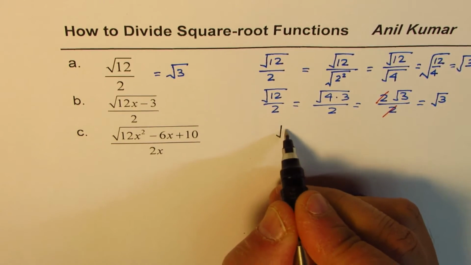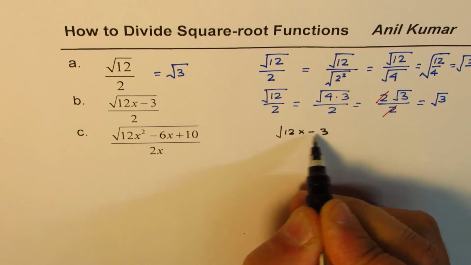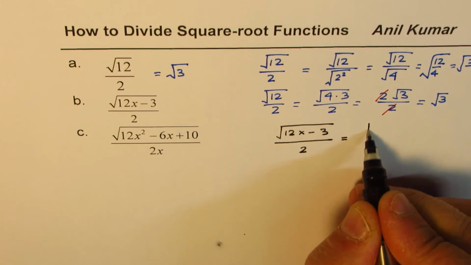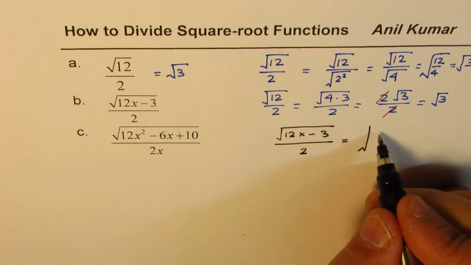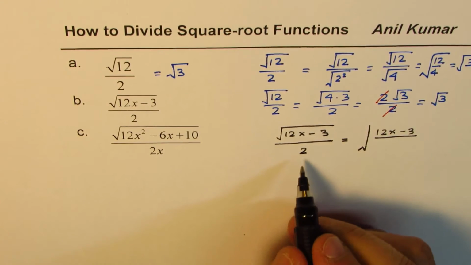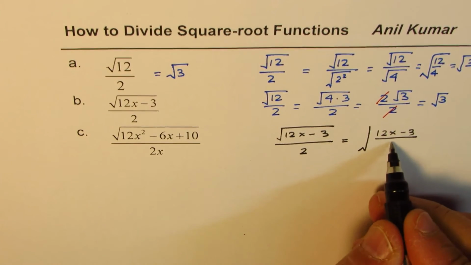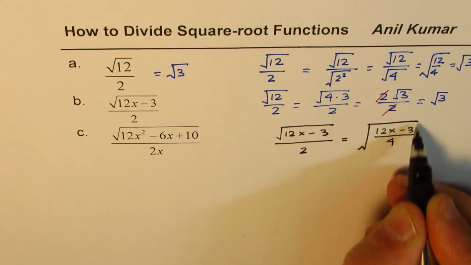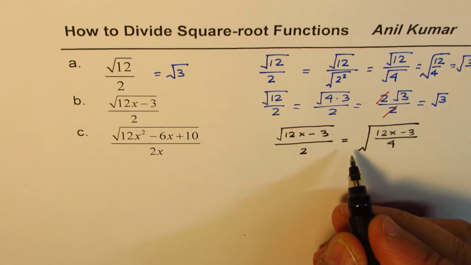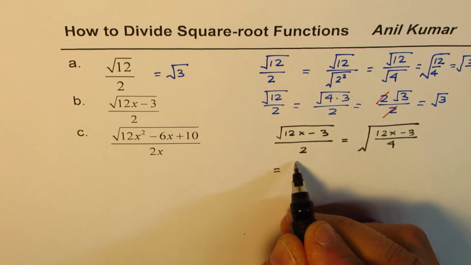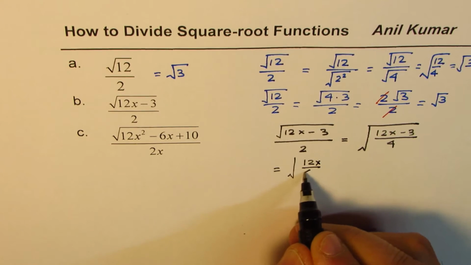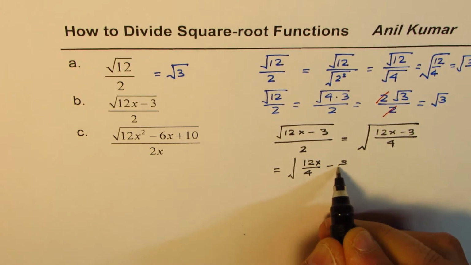So we have square root of 12x minus 3 divided by 2. So I could write this as square root of what? I could divide it as 12x minus 3 divided by square root of 4. Is that okay? Just as we did here, right? And now this could be written as square root of 12x divided by 4 minus 3 over 4.